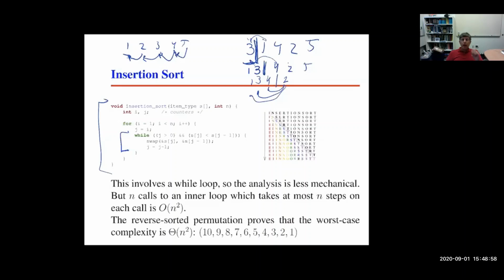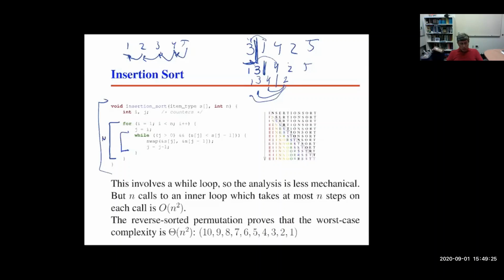What is the worst case of this thing? Okay. Well, there are a couple of ways of analyzing this. Before I even look at the worst case, I want to look at this code and say, what's the worst thing that can plausibly happen? The outer loop is going to go around n times.